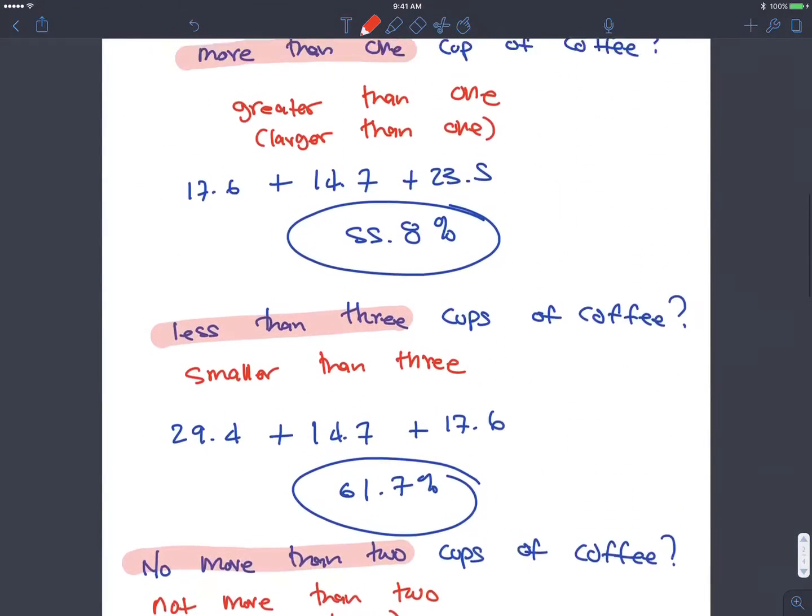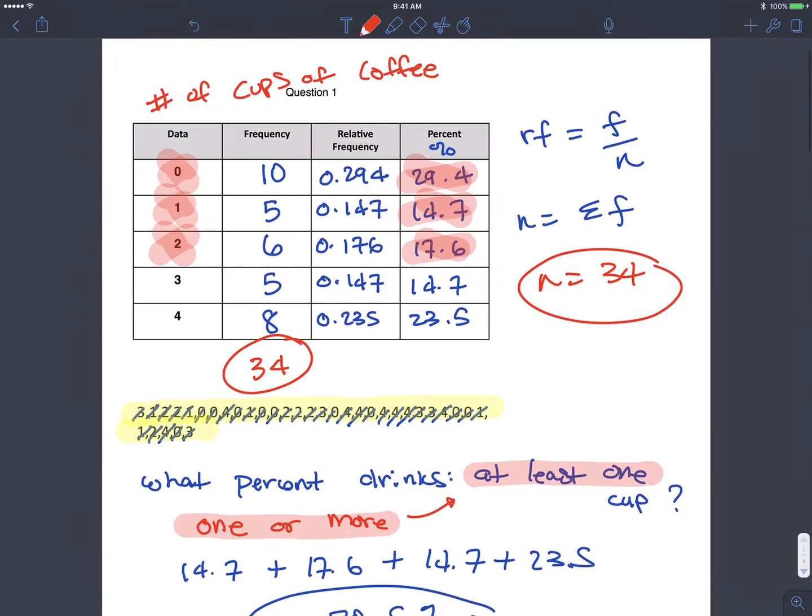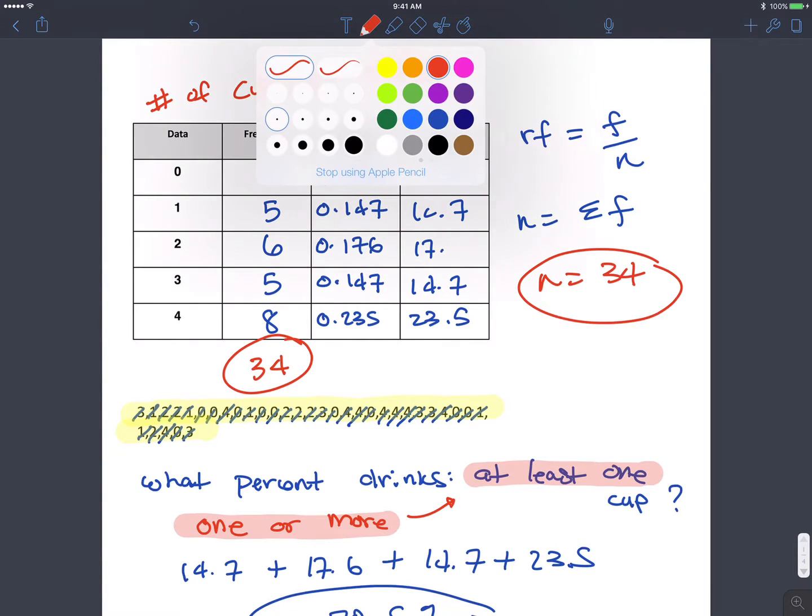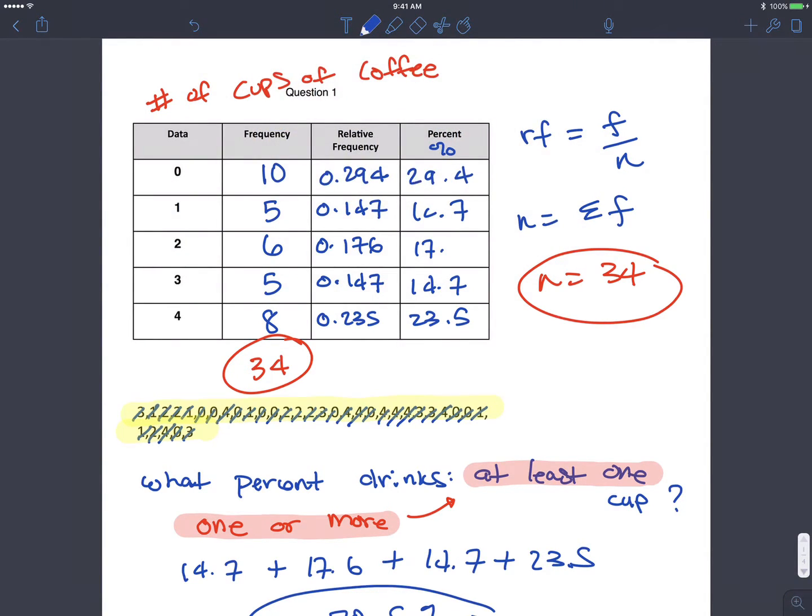So when I go back and look at my data values and determine which ones are between 1 and 3, let's be careful. Looks like we lost some data. I think that was 29.4. Okay, 17.6 here, and 14.7 disappeared.